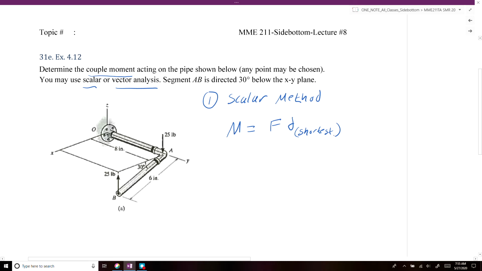In this case, our moment would be equal to F, which is equal to 25 pounds, and then the shortest distance between our two couple forces would be from point A to, I'm going to call this point C here. So what that's going to be equal to is 25 pounds times 6 inches times the cosine of 30 degrees.